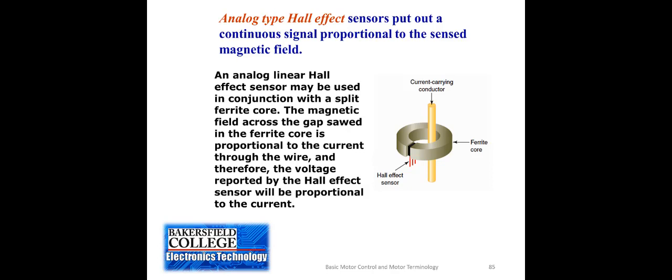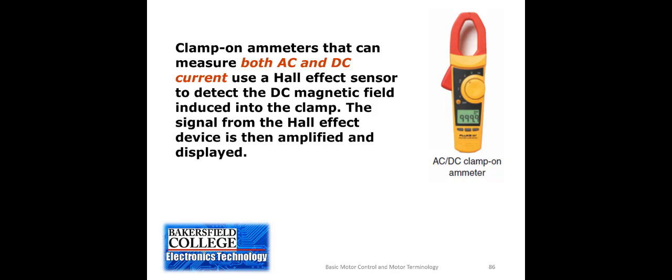As more magnetism is created, the Hall effect sensor will generate a greater voltage. So the amount of voltage is proportional to the amount of current that's flowing through the wire, which is basically caused by the increasing magnetic field around the conductor. That's how we can measure DC current with a clamp-on ammeter.